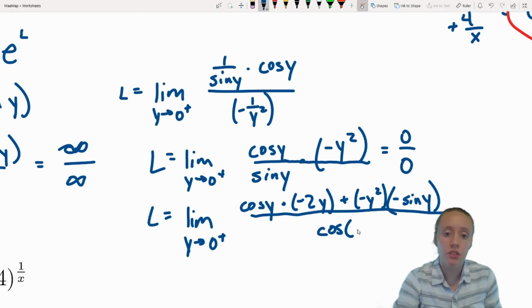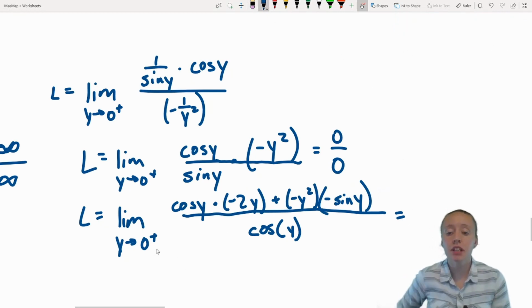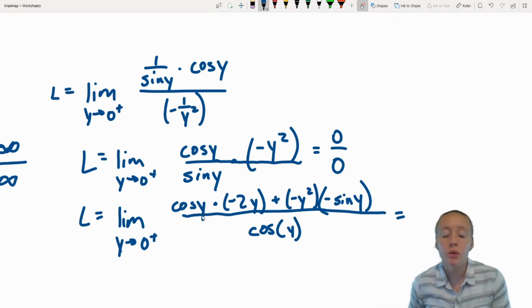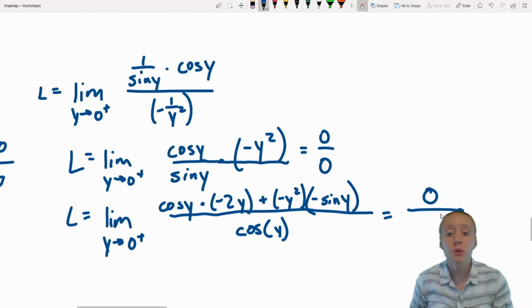And now we'll be able to evaluate this limit, because as I plug 0 in for y, cosine of y goes to 1, but then it's multiplied by 0, plus negative y squared, that's going towards 0. So this numerator is all going towards 0, over cosine of y, which as y approaches 0 is going to be 1.